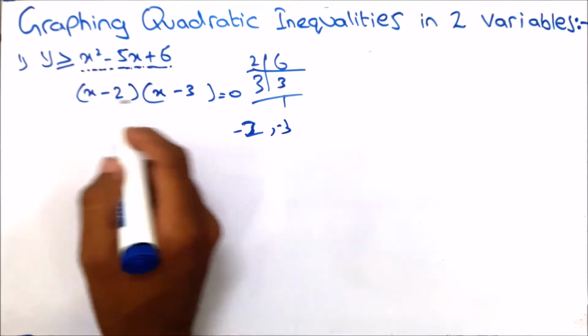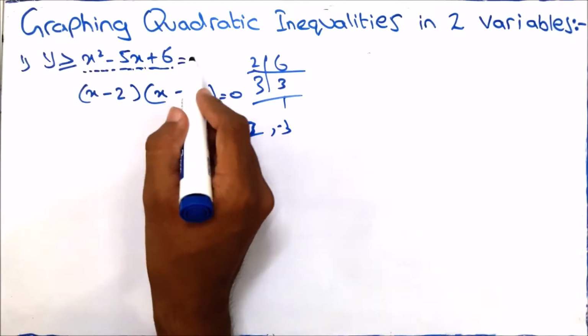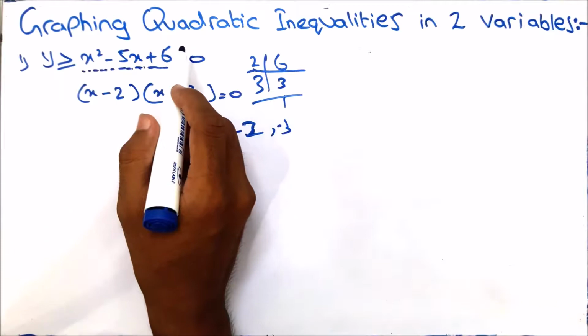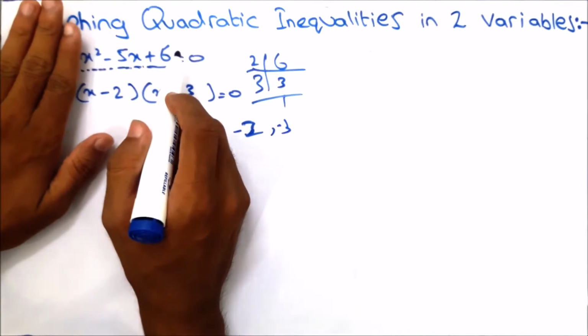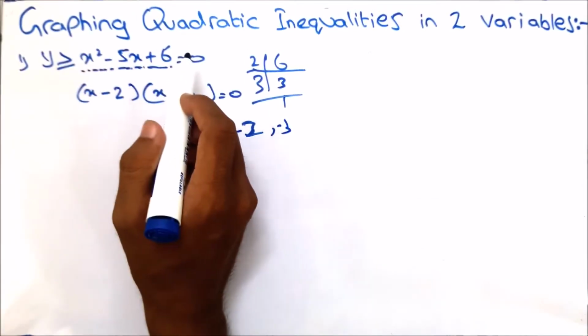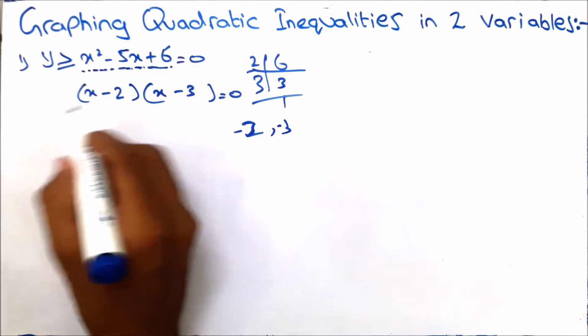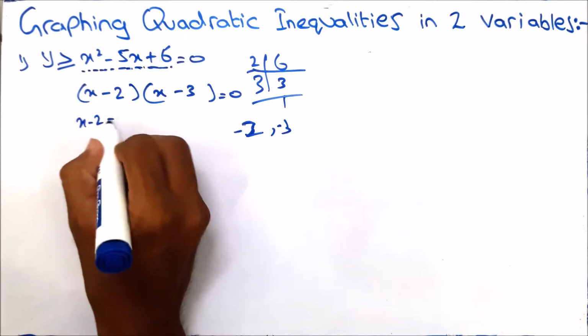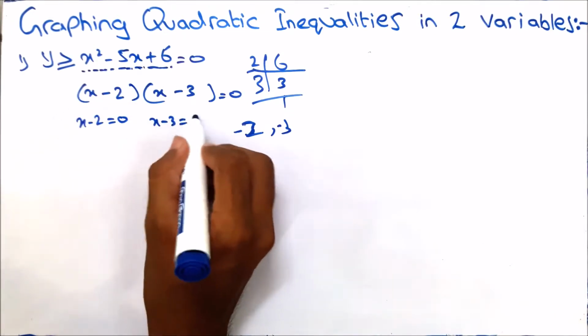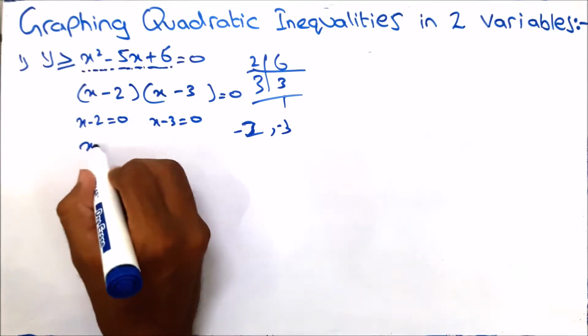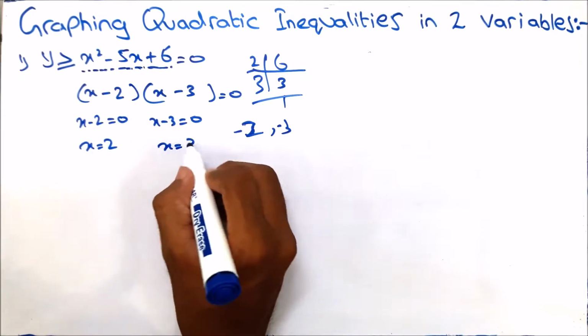Whenever we are solving for the roots, we need to solve it like we have an equal to 0 sign here. We need to ignore this part. So here we have x minus 2 equal to 0 and x minus 3 equal to 0, and our roots are x equals 2 and x equals 3.